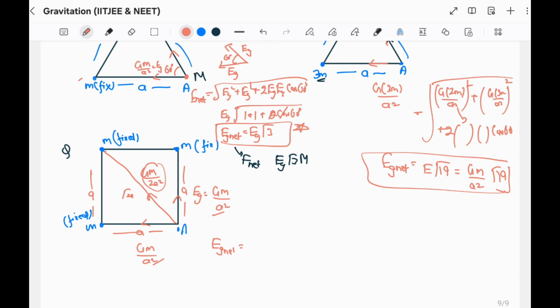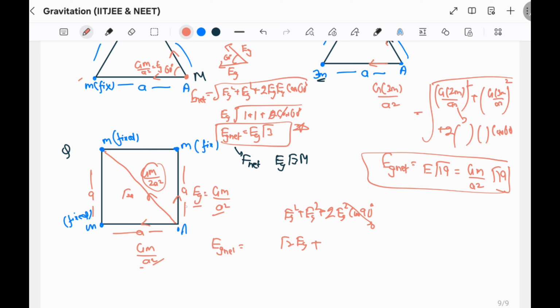Okay, the same vector methods you have to apply. So how will you add? This is in i cap, this is in minus j cap, you can treat it like that, or you can treat these two as vectors which are at 90 degrees. So Eg square plus Eg square plus 2 Eg square cos of 90, so cos 90 will be 0, so root 2 Eg.